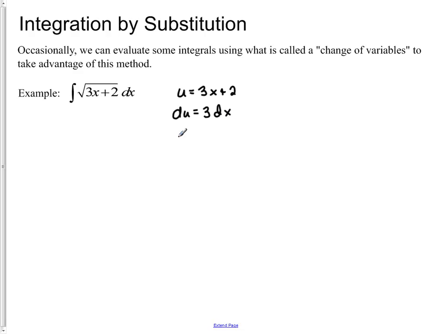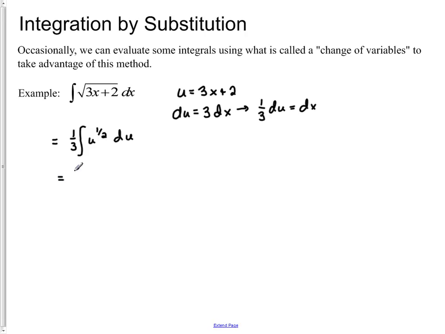What we've been doing has been called a change of variables, inasmuch as in this particular step, in order to get dx by itself, we've had to rewrite the expression as 1/3 of du equal to dx. And so to finish off this problem, the antiderivative is going to be 1/3 of the antiderivative of u to the 1/2 power du.